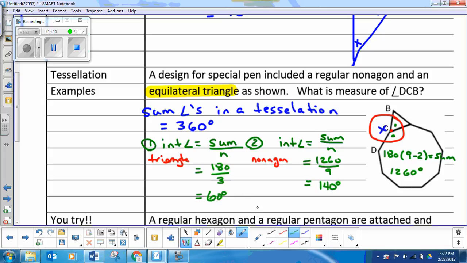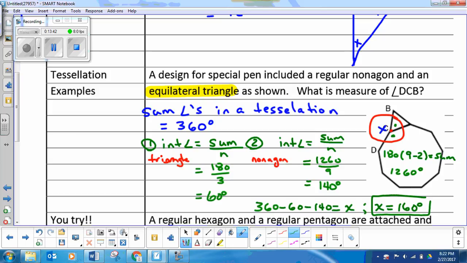So in order to do that, we know we've got 360 to start with. We need to do minus 60 for that triangle, minus 140 for our nonagon's interior angle, and that is going to give us the value of x. And when you do the math here, you will find you have 160 degrees, and that is what we were looking for.